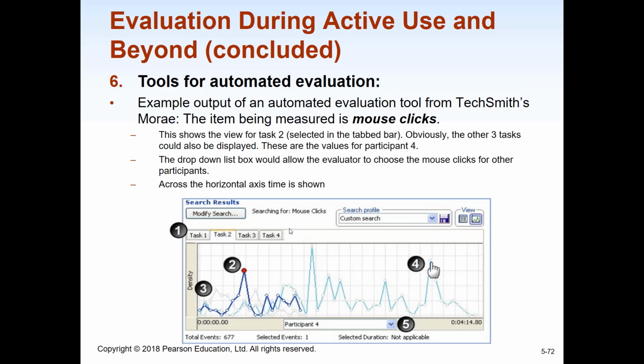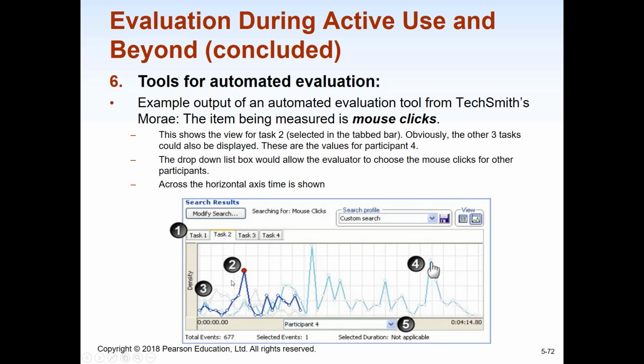There are some tools even for automated evaluation, like the automated evaluation tool from TechSmith's Morae. The item being measured is mouse clicks. So it is taking a log of the mouse clicks for different purposes. For example, this shows the view for task 2, selected in the tabbed bar.